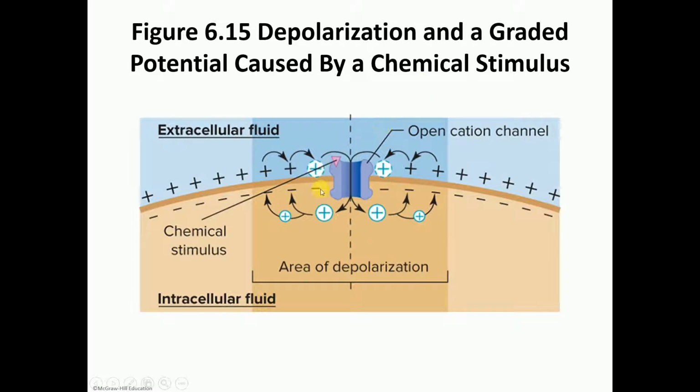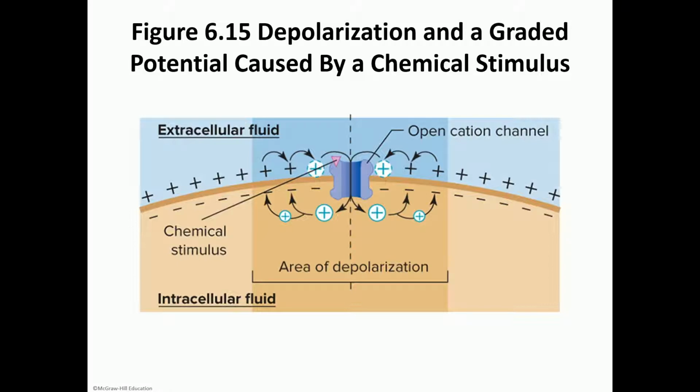This chemically gated ion channel, which is usually a sodium channel, opens up and allows for the entrance of sodium into the cell. That leads to an area of depolarization. So now the positive sodium ions go in, and it changes the electricity on the inside of the cell.